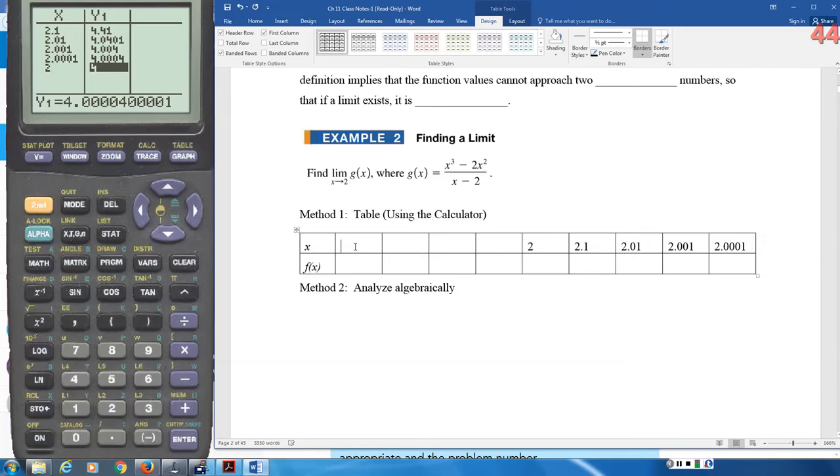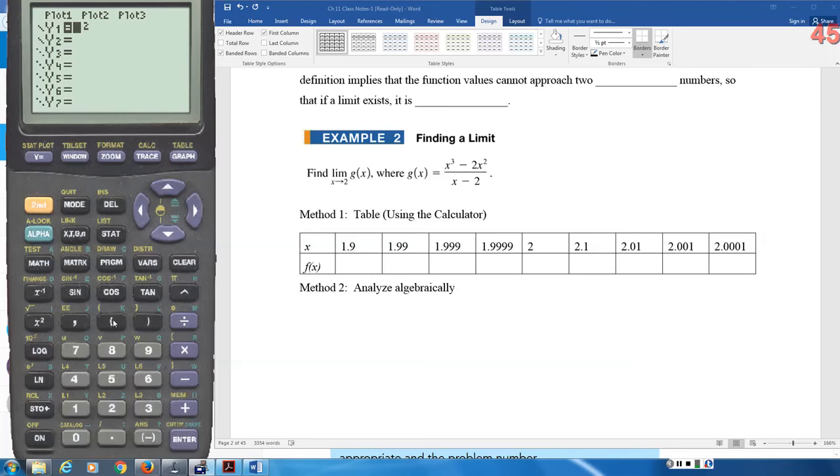And then out here, I want to start out at 1.9, then step a little closer, 1.99, then a little closer again, 1.999, and then finally 1.9999. So you don't really have to go to 5 decimals on this. Because, let's face it, if you're only 1/10,000th away, that's pretty darn close to where you're trying to get.